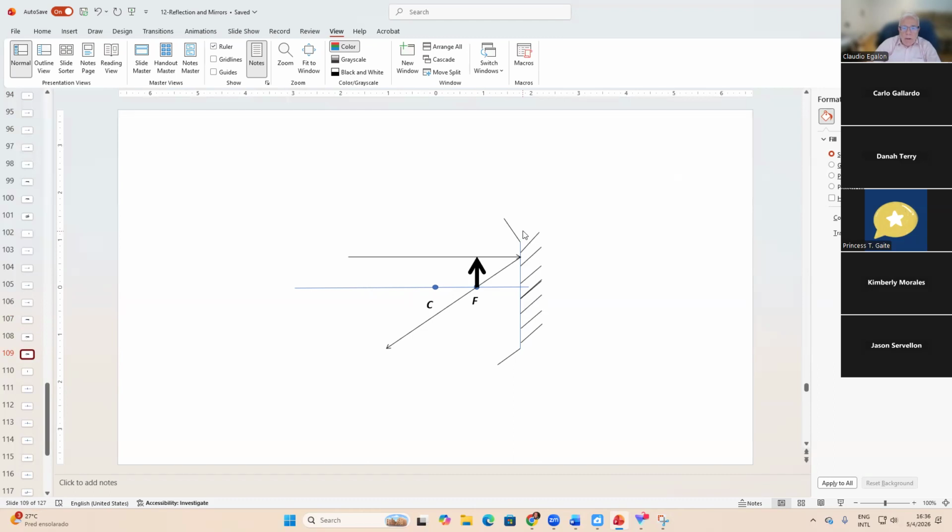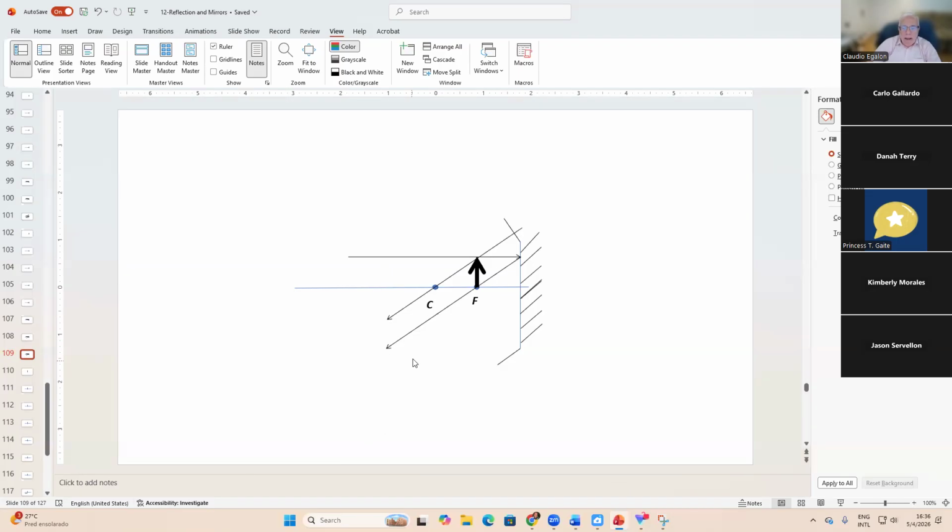We can do this one right in here, the one that passes through the center of curvature. A light ray that passes through the center of curvature is reflected back. Note that this light ray is going to be parallel to this other light ray.